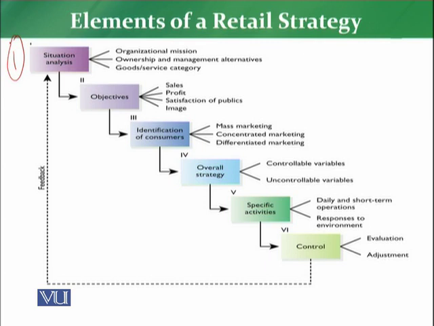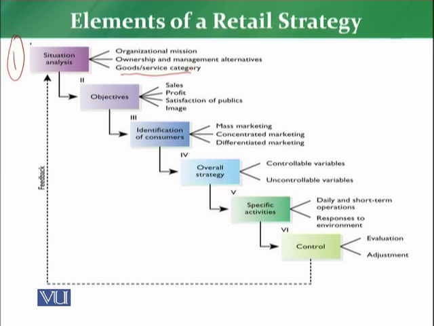So when a retailer does situation analysis, it is about actually doing 3 things. First is about organizational mission, then defining the ownership and management alternatives, and the third part is about goods and service category.